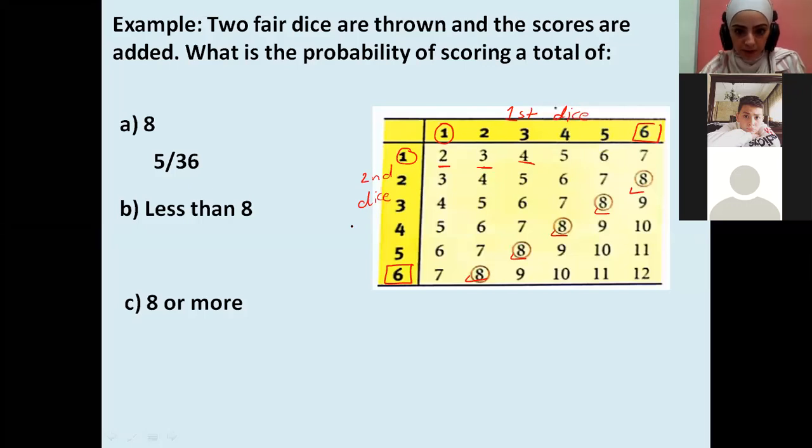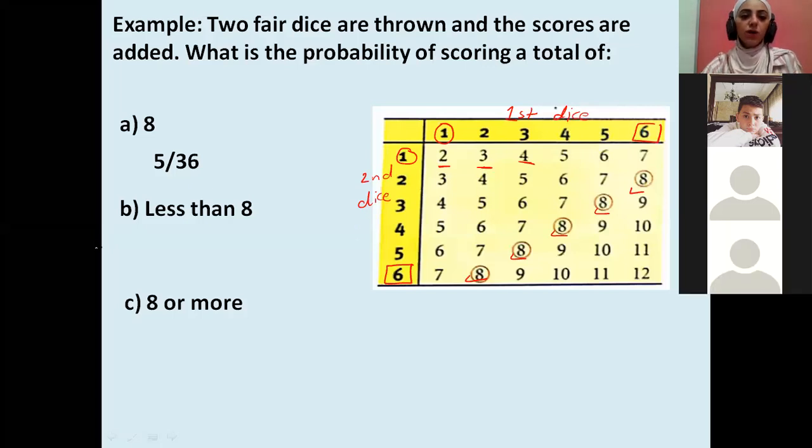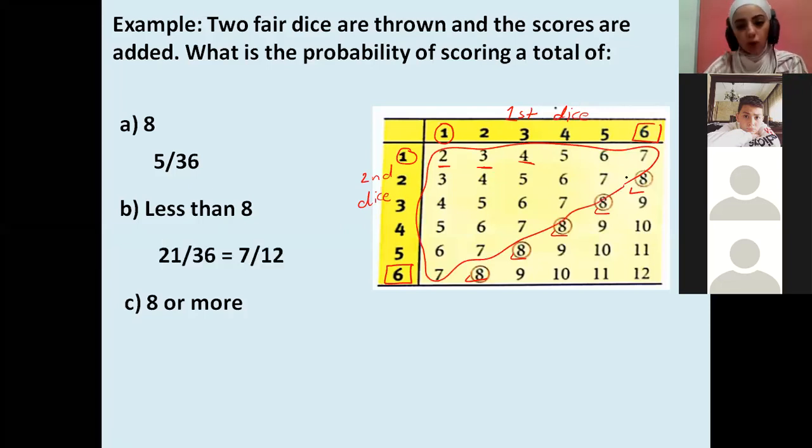Omar Abu Abed. Yes, Omar. Less than 8 is 20 over 36. Less than 8 means you need all these numbers. All of them are less than 8. So if you count them all, it's 21 out of 36.